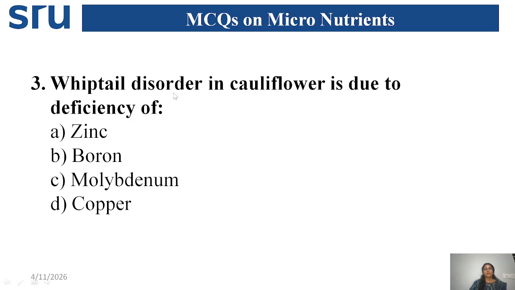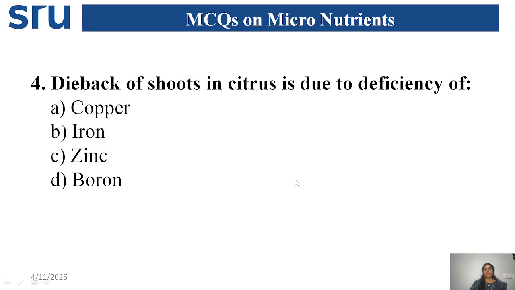So whiptail disorder of cauliflower is because of molybdenum, as I just discussed. And dieback is because of copper. Death of the shoot or death of the leaves from tip backwards is because of copper.